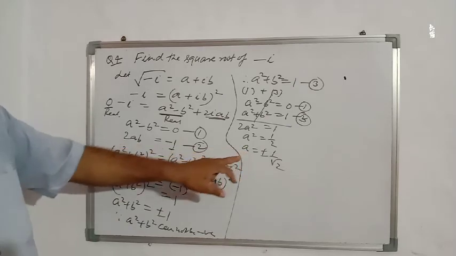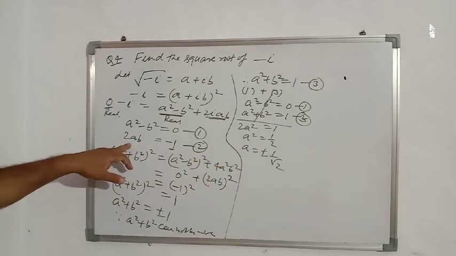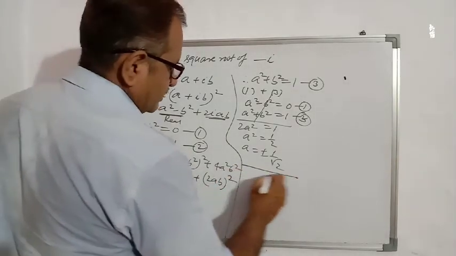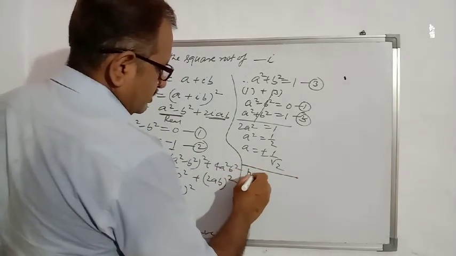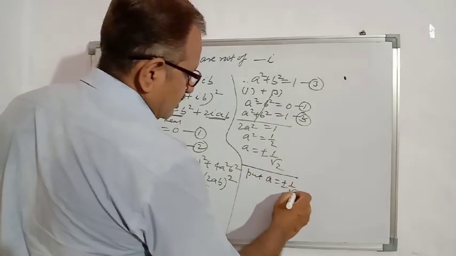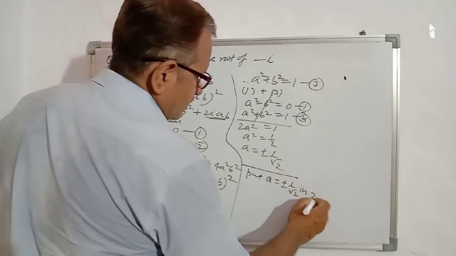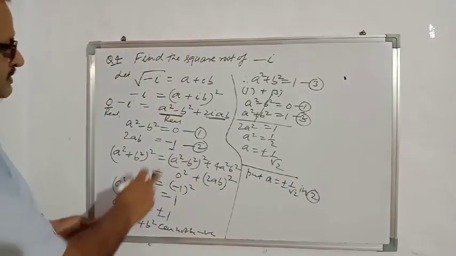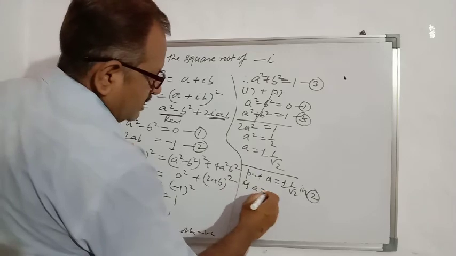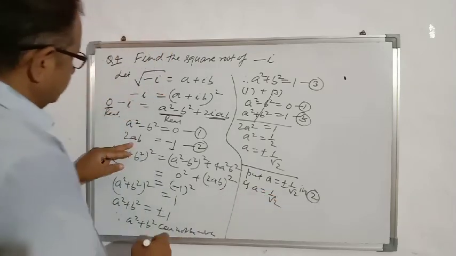Now we will put this value of a in equation number 2 to find the value of b. Put a equal to plus or minus 1 by root 2 in the second equation. So 2ab, firstly take a equal to 1 by root 2.